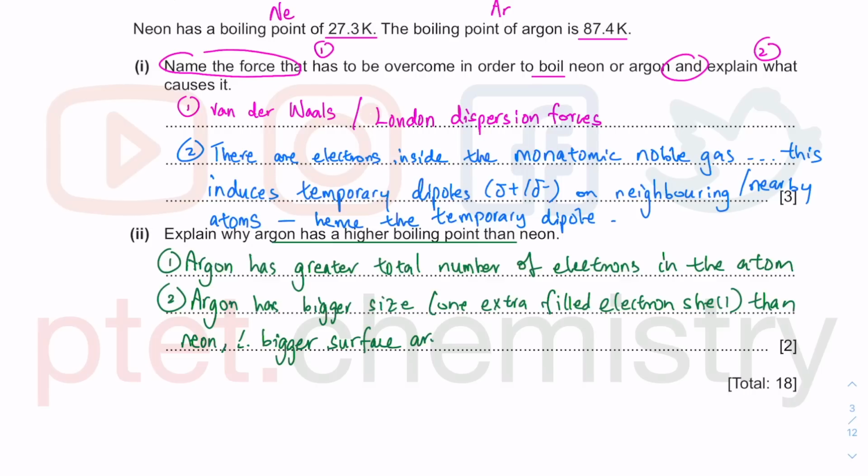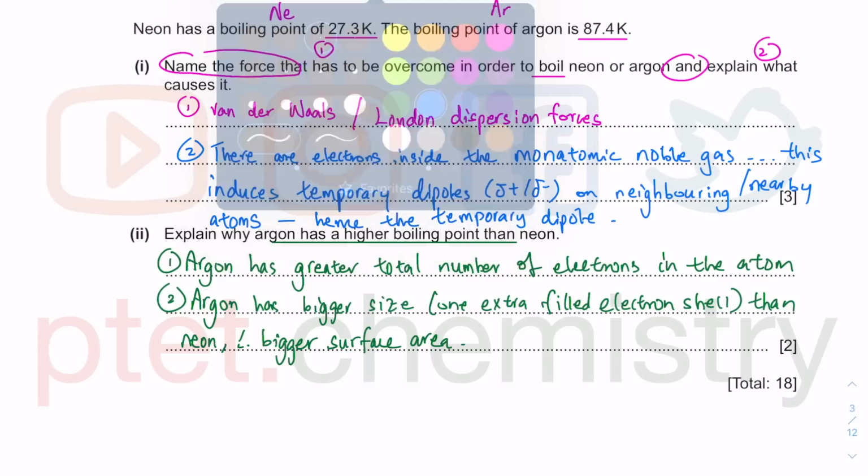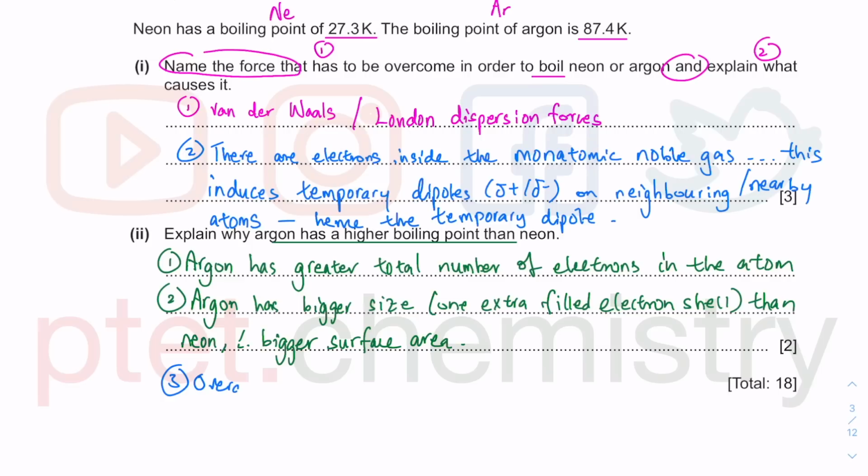And both of these factors result in argon having stronger van der Waals, or stronger London dispersion forces, between the atoms.